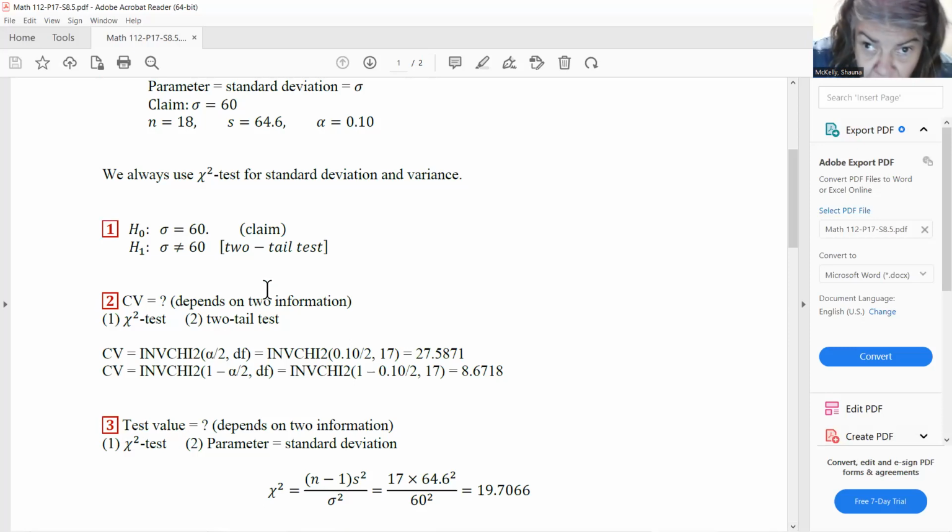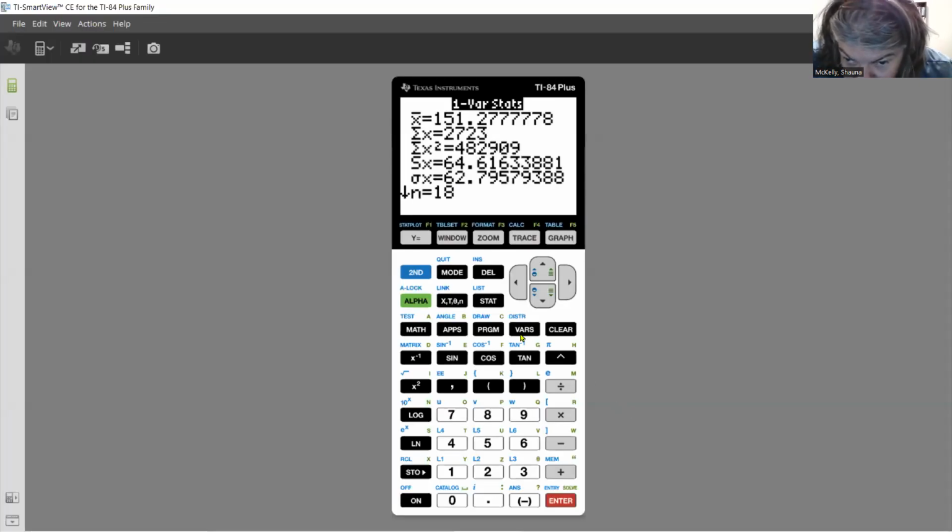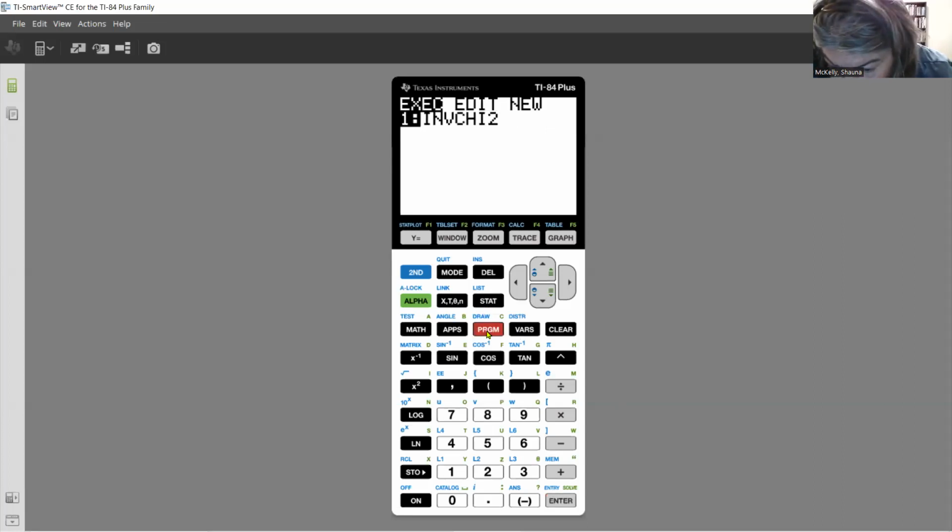Okay. So here we have, and remember, to get your critical values, you use your program. So program, inverse chi. We're going to use 1 minus alpha, and alpha is 0.10. So I think I'm going to do alpha first.